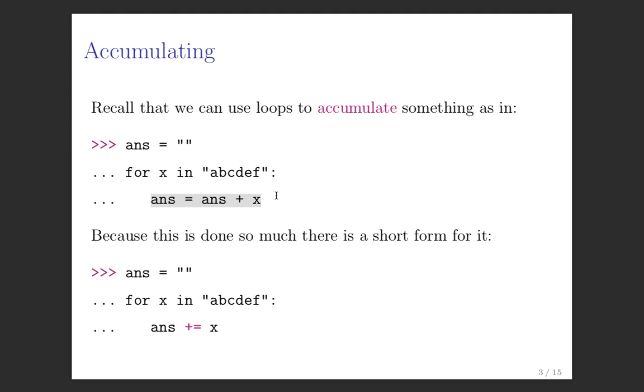Instead of writing answer is equal to answer plus x, we can just write answer plus equal x. Those two things are equivalent. Either is fine, but you should know this, because I think on your exams and midterms, this short form is fair game.